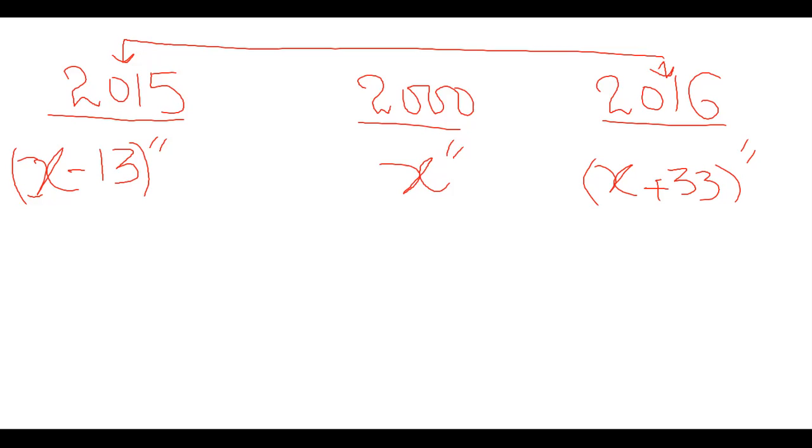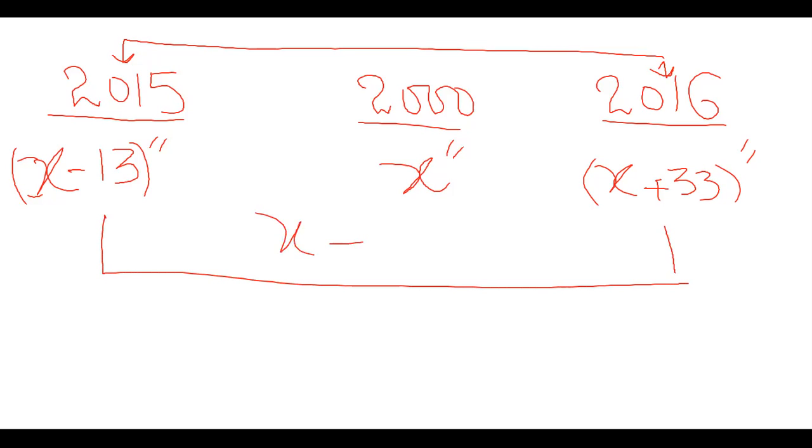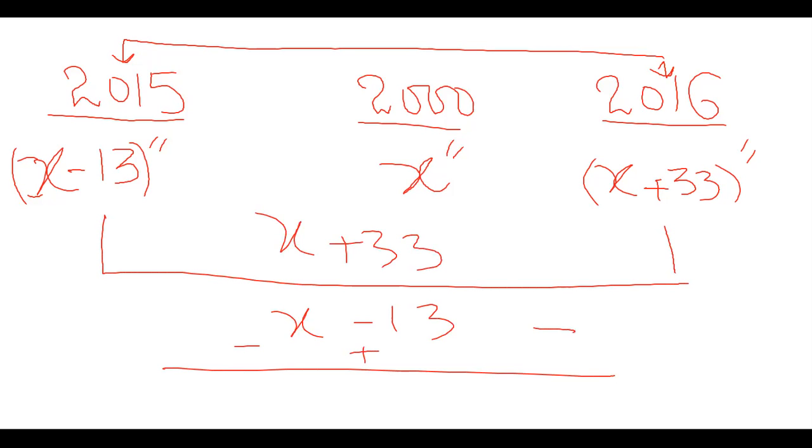The answer is so simple that we will have to subtract this one from this. If you are doing simple mathematics, if you are subtracting, you will have to change the sign. It's simple basic mathematics. This is gone with this, and here you have plus 46. Am I right?